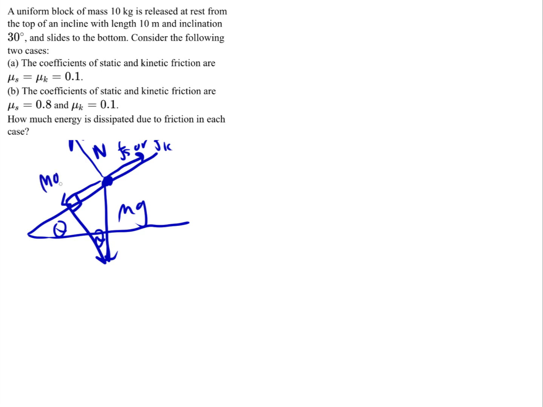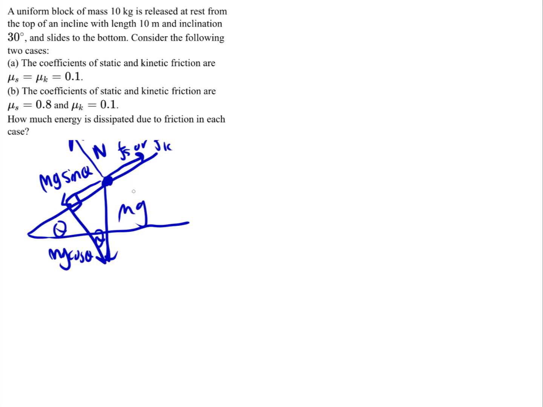So this becomes mg sine theta, and this is mg cosine theta. And these are the two components that you can break the force of gravity down into. And just a quick reminder, the positive y direction is perpendicular to the incline, and the positive x direction is parallel to the incline.